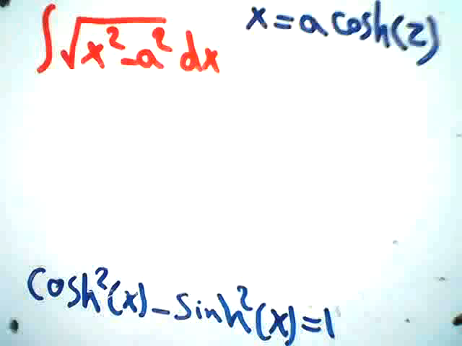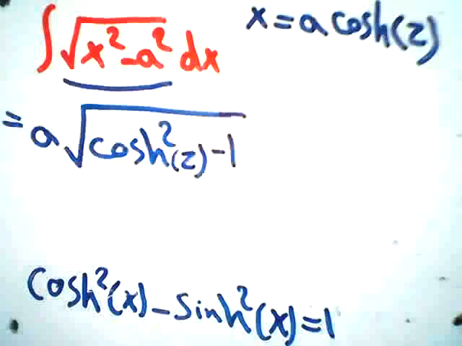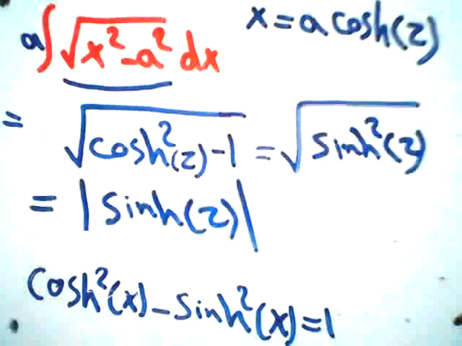So let's plug it into x. And according to the formula below, this is equal to the square root of sine hyperbolic square, which is equal to the absolute value of sine hyperbolic.